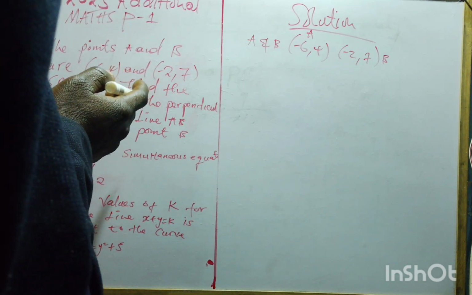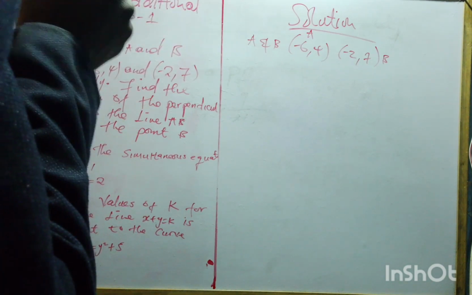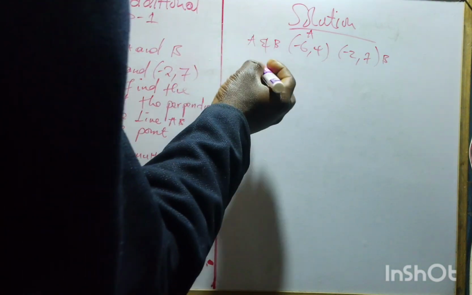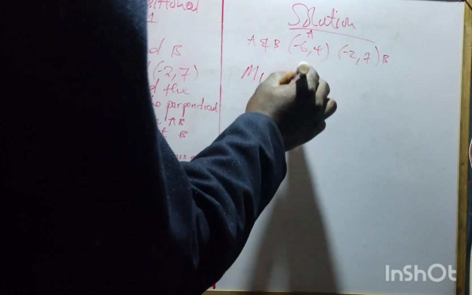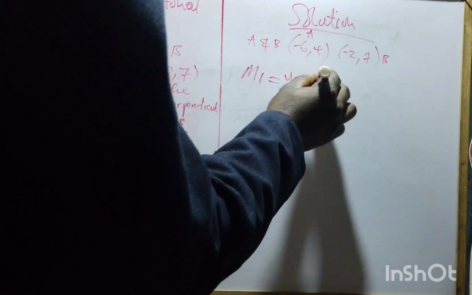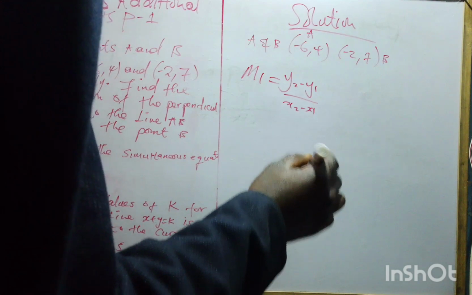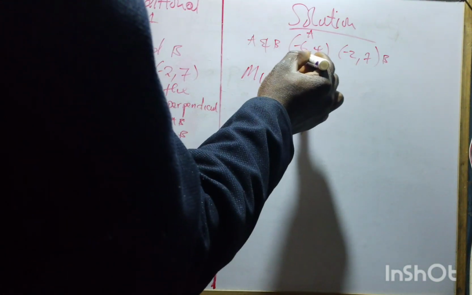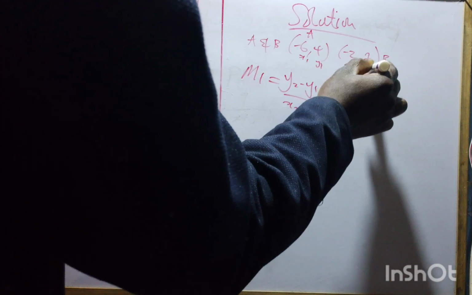For this perpendicular gradient, we must first find the normal gradient, in which we know that the gradient m1 is equal to y2 minus y1 over x2 minus x1. We are going to indicate here x1, y1, x2, y2.